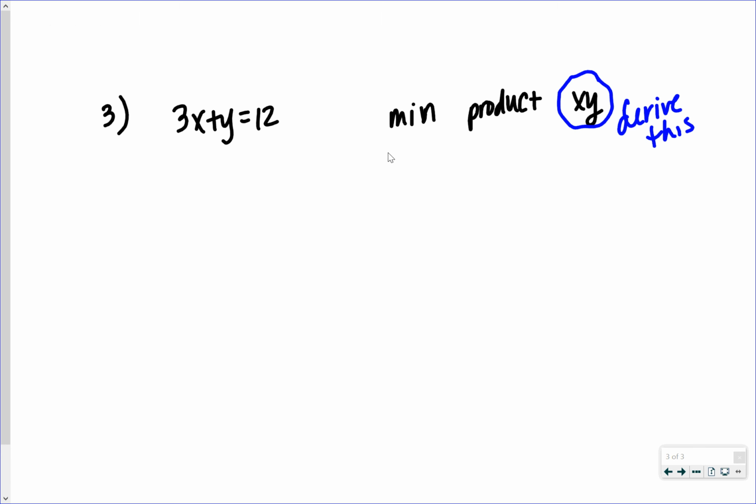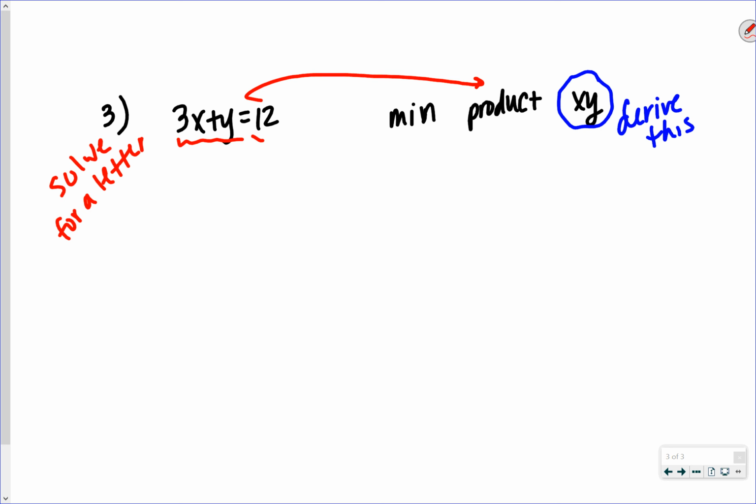Okay, so I'm going to want to derive that xy, which means I need to figure out something to plug in for either x or y if I'm going to derive it. So that's where this equation comes into play. Solve for a letter and plug it in here. So I'm going to solve for y. That is the easier one to solve for.